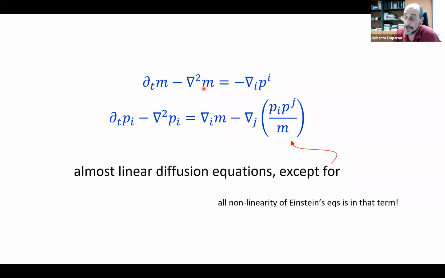But you don't expect the Einstein equations for a full fluctuating object to become just linear. These equations are nonlinear, but all of the nonlinearity is concentrated in just this last term. So the equations are almost linear, almost like diffusion equations, but not quite. They have these things that would source the diffusion, and also this nonlinearity over here.